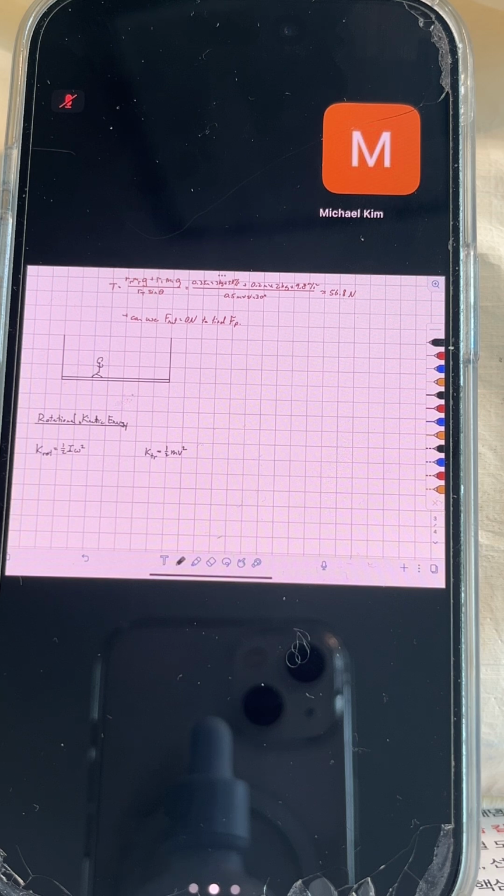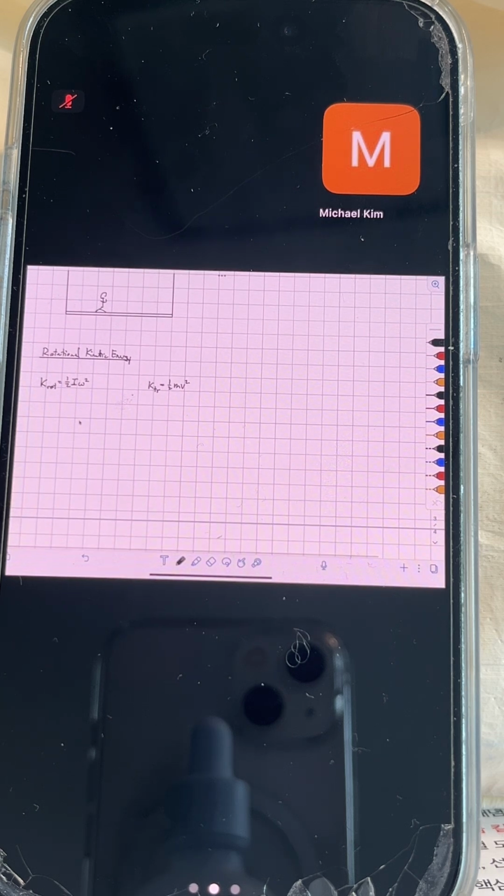And where we really used this was basically this type of problem, or if I had something like this.